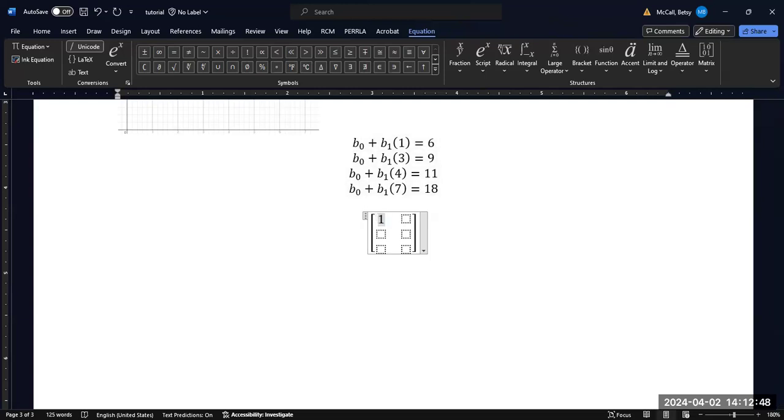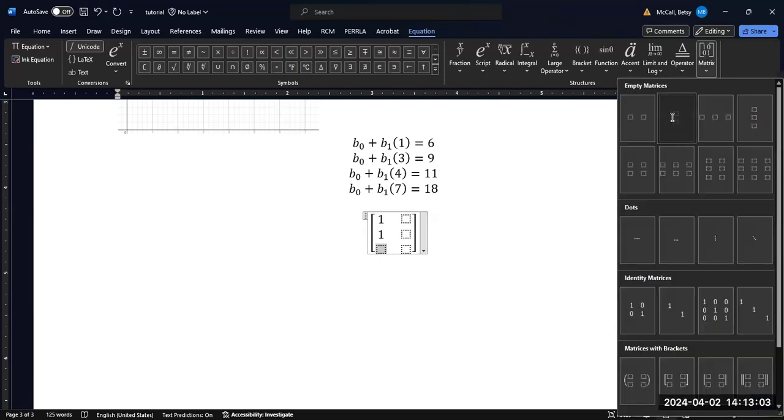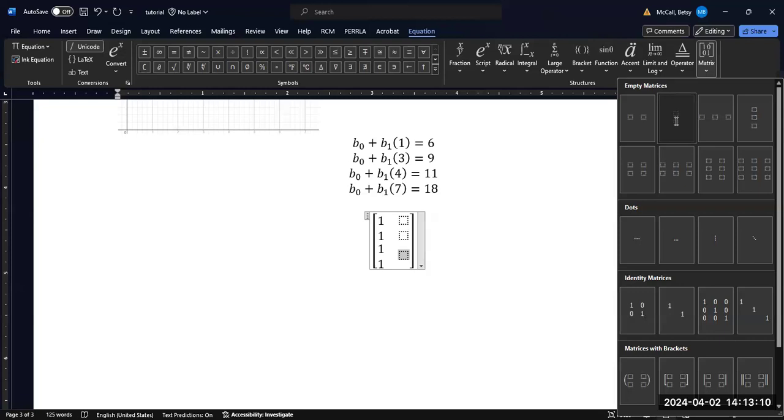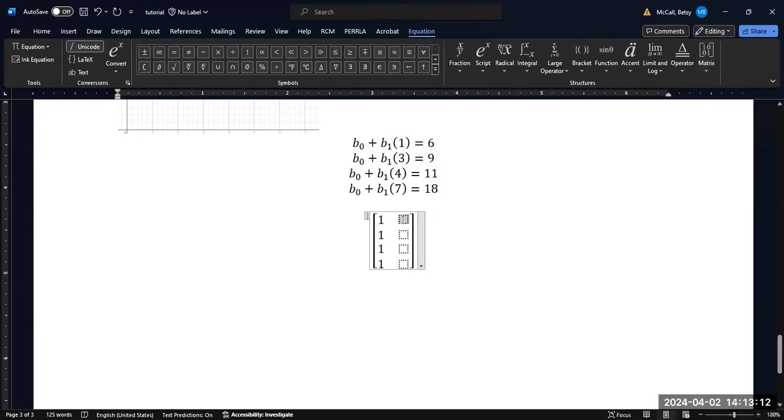So 1, 1, 1, 1. And then the coefficients for B1 are going to go in the second column. Those will be essentially the x values, 1, 3, 4, 7.